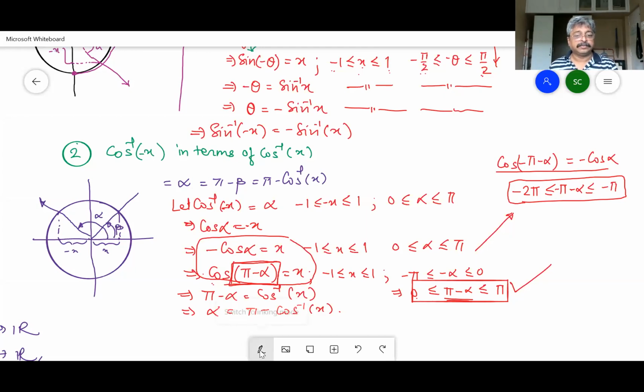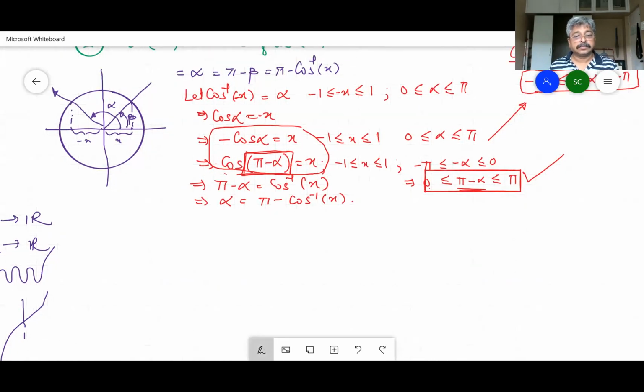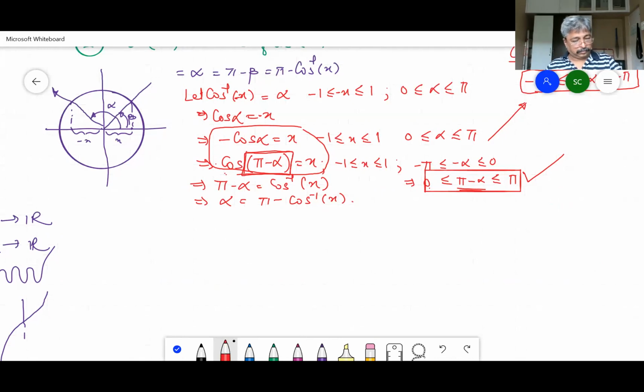Question number 3, 4, 5, I will give all of them now. Tan inverse of opposite of x.